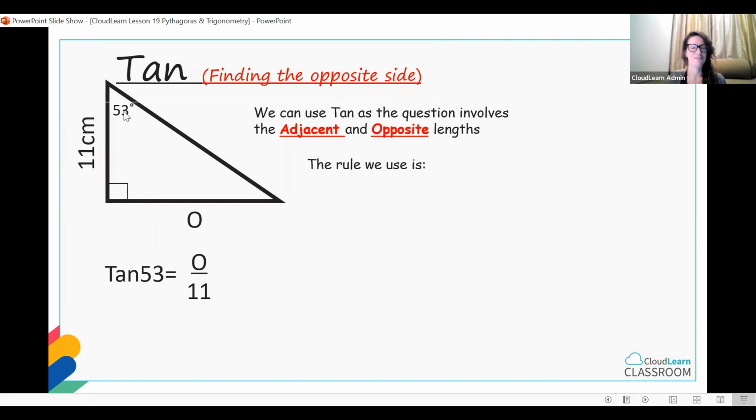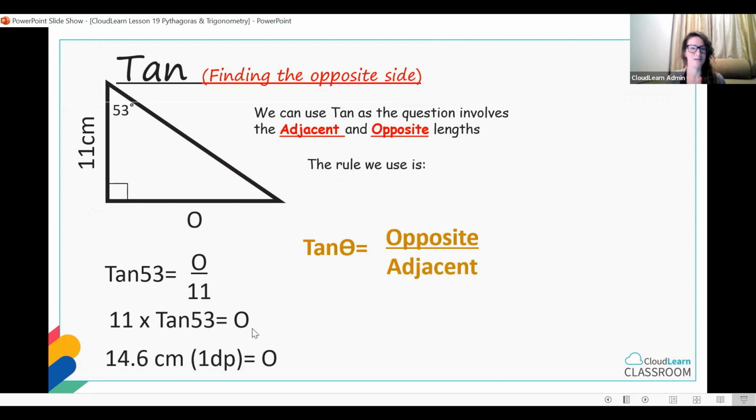So tan 53 is going to be equal to the opposite divided by the adjacent. That's tan 53 is O divided by 11. And then multiplying both sides by 11, 11 times tan 53 is equal to the opposite side there. So the opposite side is going to be 14.6 centimeters.